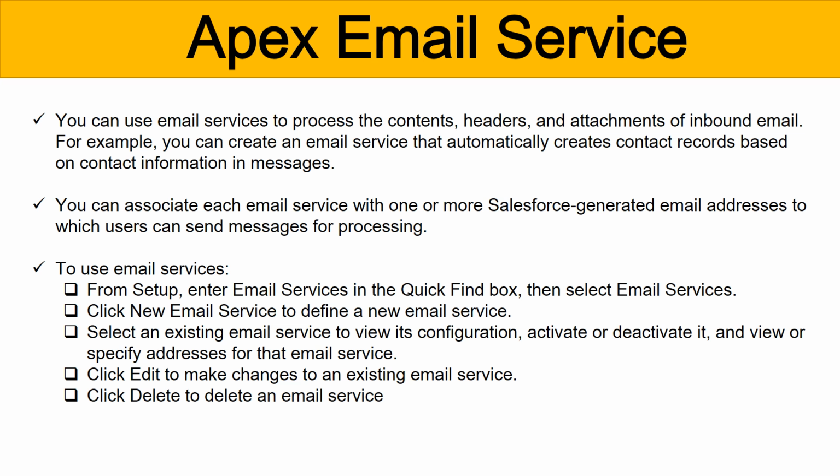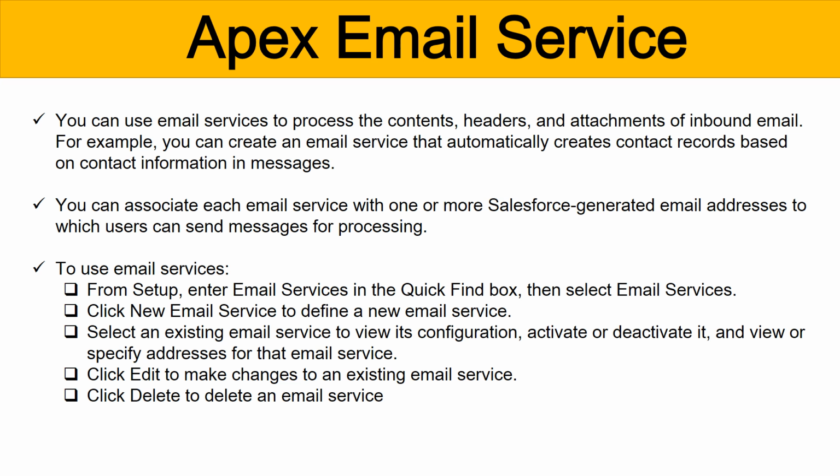Associate a single Salesforce-generated email address with the email service, and write an Apex class that executes according to the user accessing the email service. For example, you can write an Apex class that identifies the user based on the user's email address and creates records on behalf of that user. To use email services, from Setup, enter Email Services in the Quick Find box, then select Email Services.